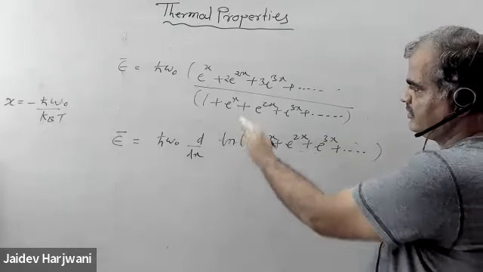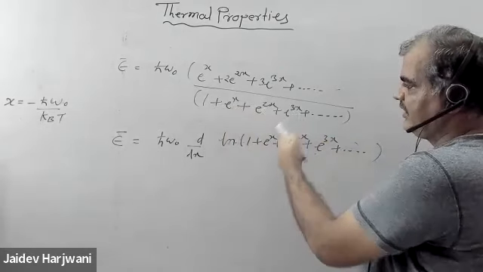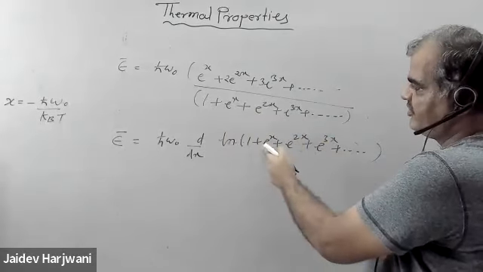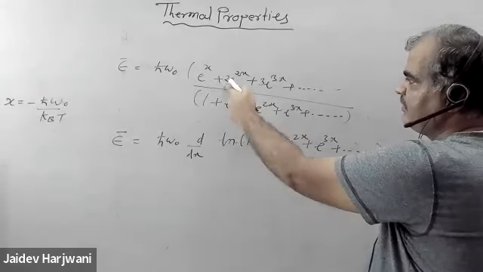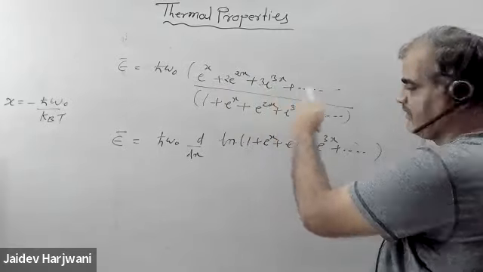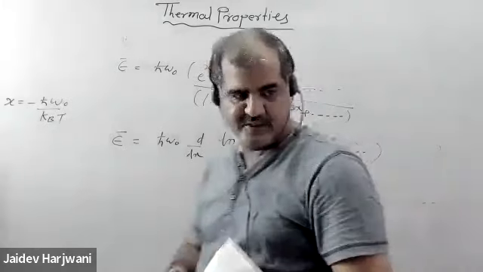If you differentiate, the numerator comes 0 plus e^x plus 2e^2x plus 3e^3x. I hope this expression is clear to you.